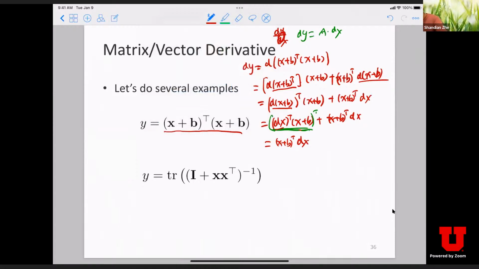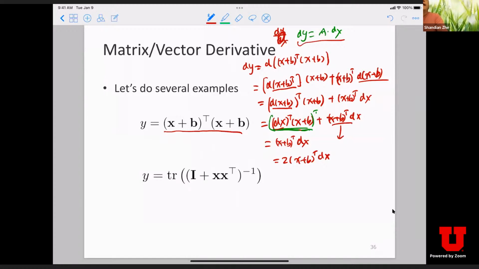So in this way, we know that the first term is actually x plus b transpose dx, and the second term has the same form. So now we just merge them together by multiplying by a factor of 2. So now we have obtained the final form we want.